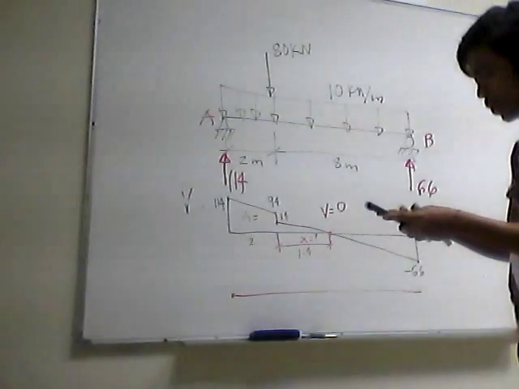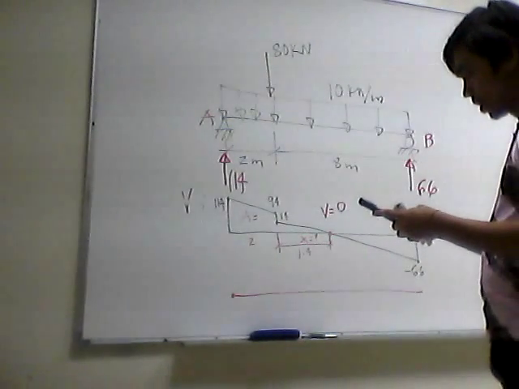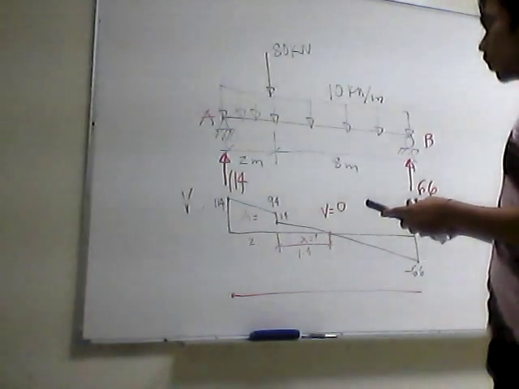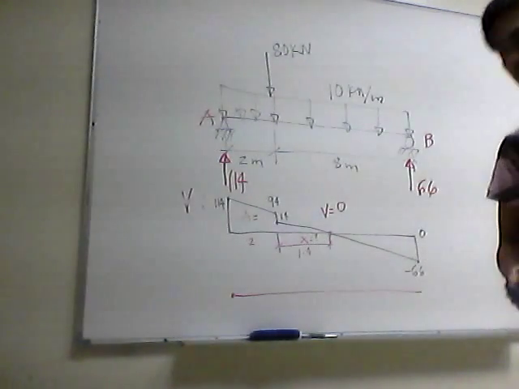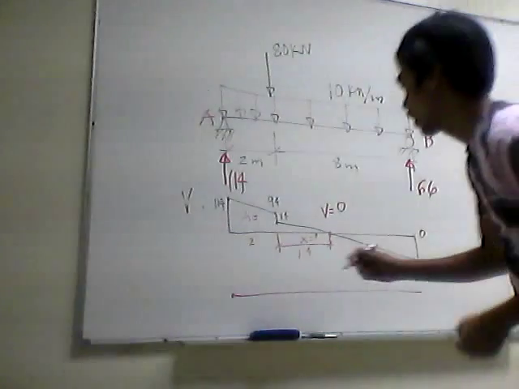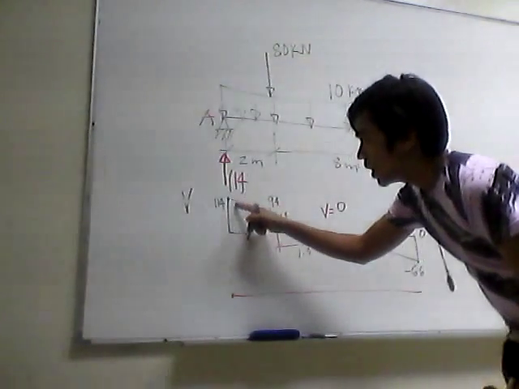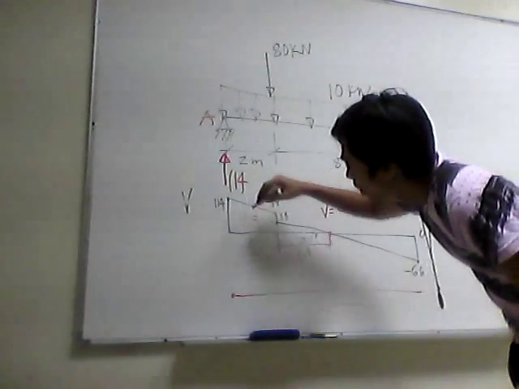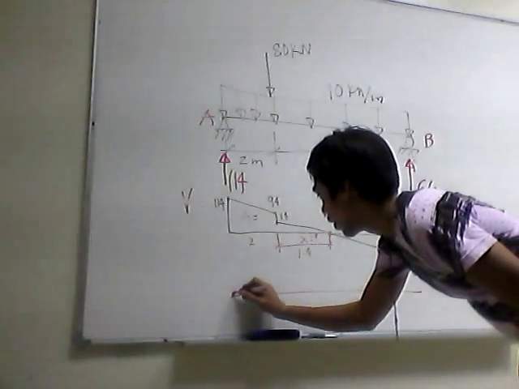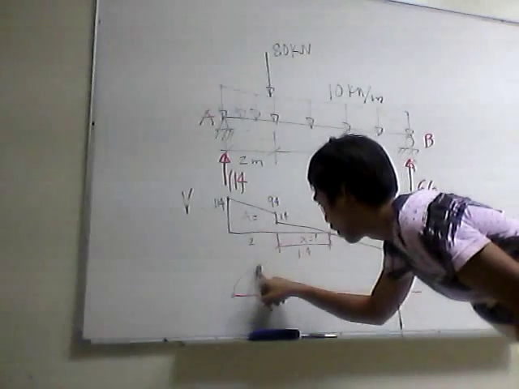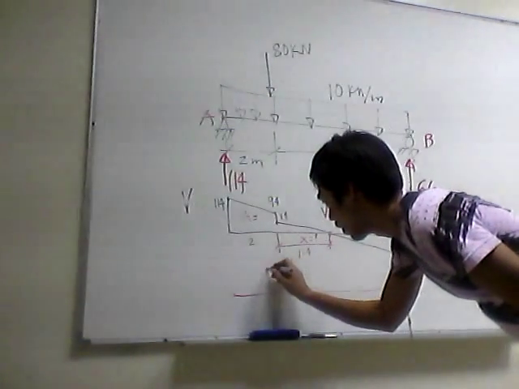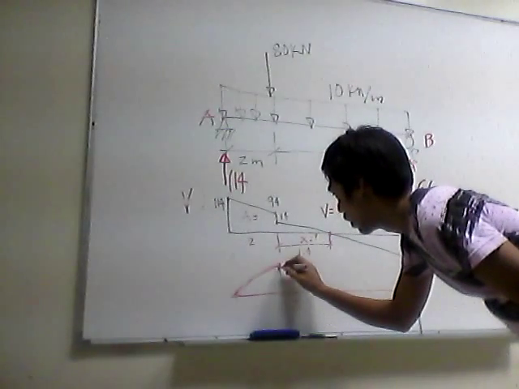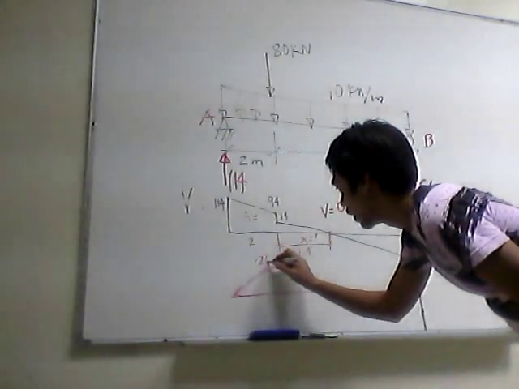So 114 plus 94 times 2 over 2 is 208. Again, this is a sloping line or curve.